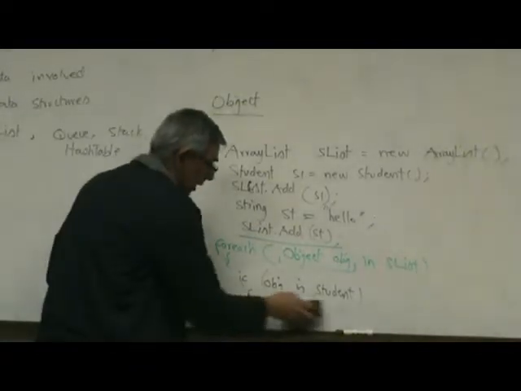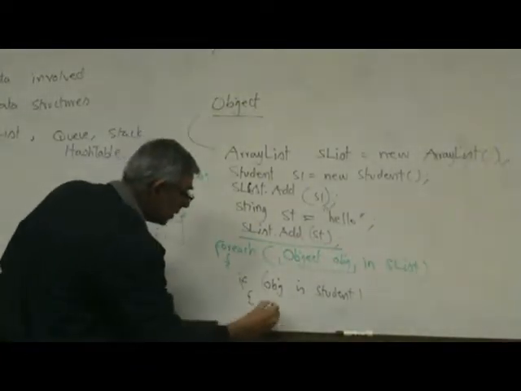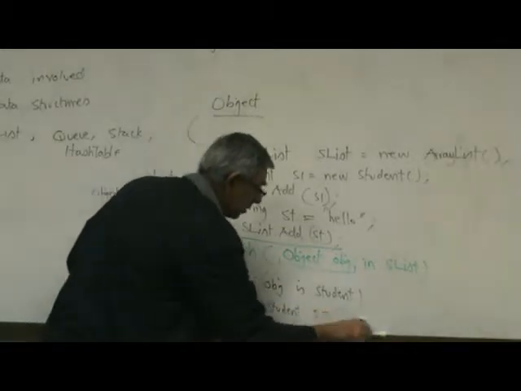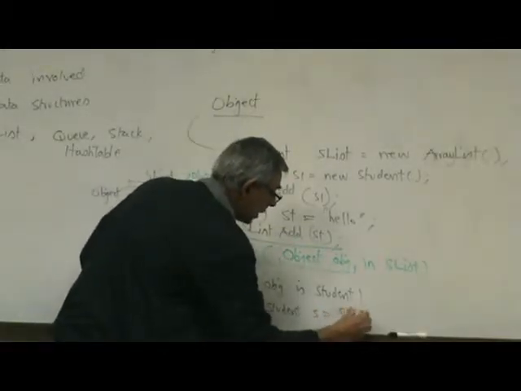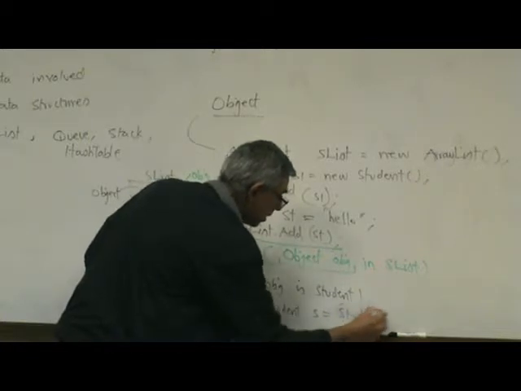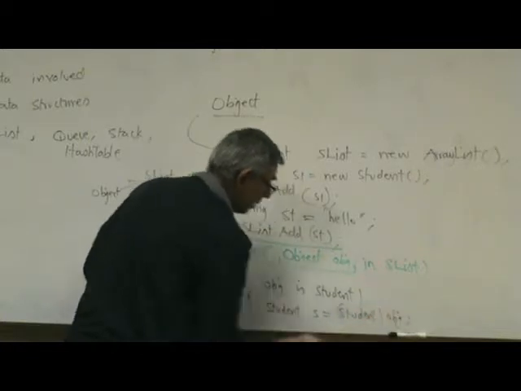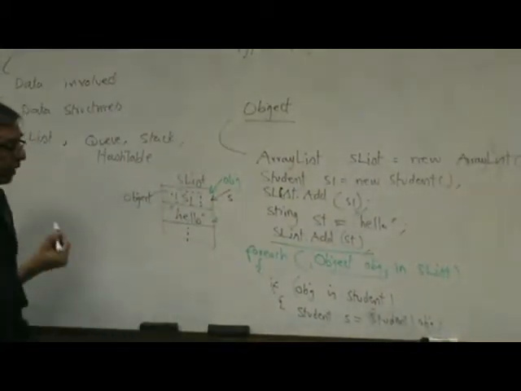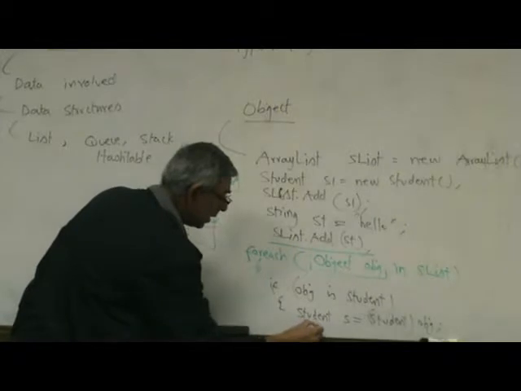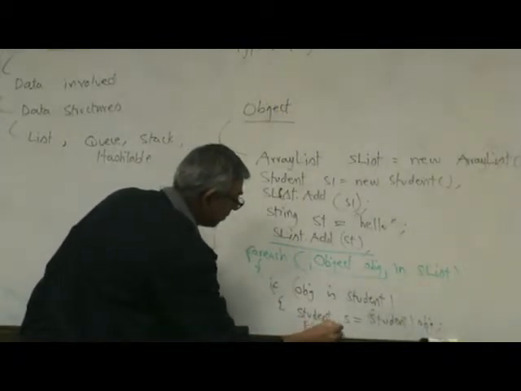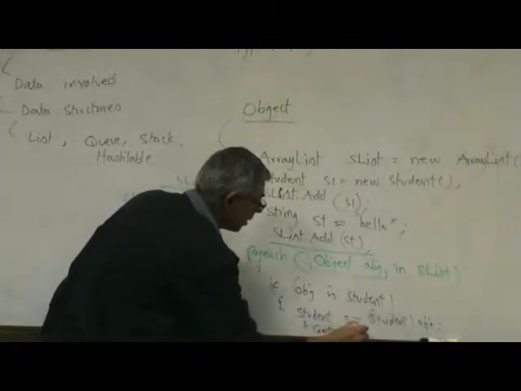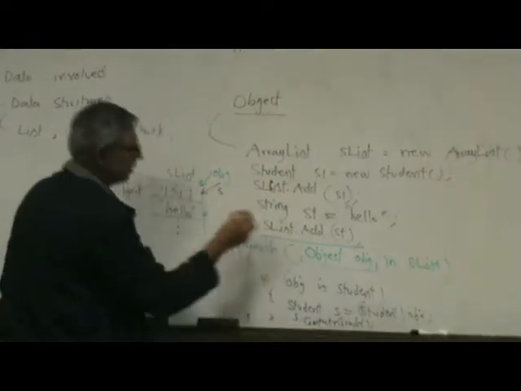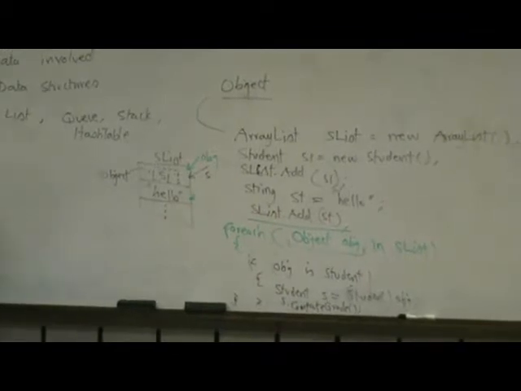So then we create a reference of type Student. We can say Student s equal to (Student) obj, correct? So we make s point to the same place obj is pointing to, and through s we can call computeGrade. So this would be the approach if we were using an ArrayList to store data, right?